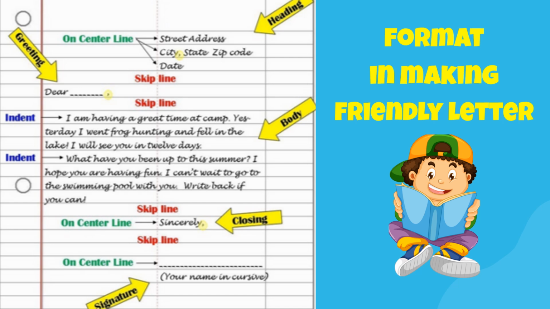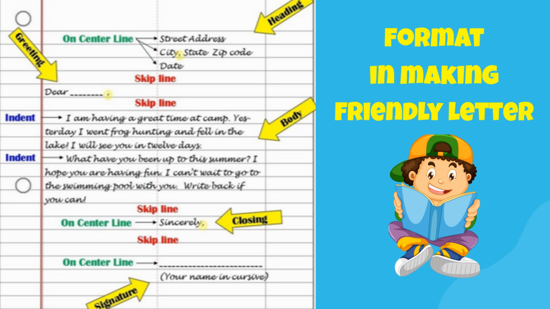After the heading, there should be a space line or skip line before the greeting. And after the name of the one you are writing, example, Dear Maria, there should be a comma in the greeting.